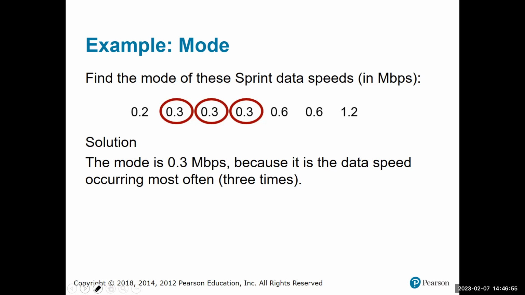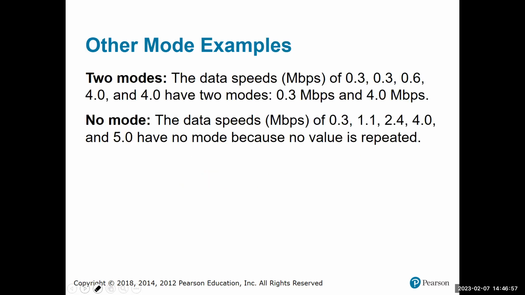This is unimodal. So if you had a data set 0.3, 0.3, 0.6, 4, and 4, you'd have two modes because 4 occurs twice, 0.3 occurs twice. You're going to have two modes, bimodal. And then if they were all different, none of them occurring more frequently than the others, you'd say that you have no mode.